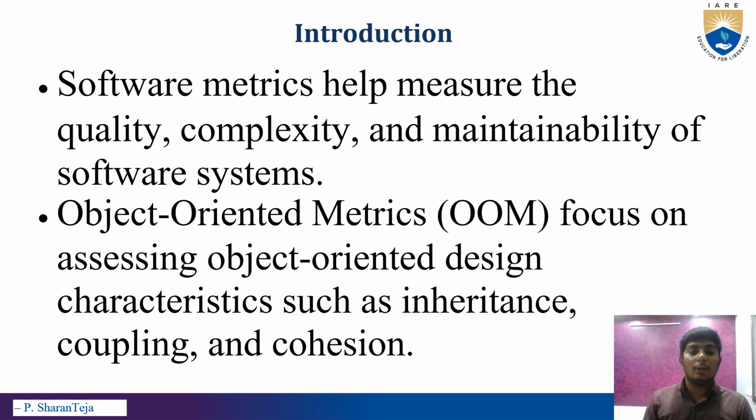When we talk about object-oriented metrics, we specifically focus on systems built using object-oriented principles: classes, objects, inheritance, encapsulation, and polymorphism. These metrics allow us to look at design characteristics and ensure that our systems remain efficient, reliable, and easy to maintain as they grow in size. Without these metrics, it is very hard to know where our design works and where it is weak, and what parts of our system may become problematic in the future.